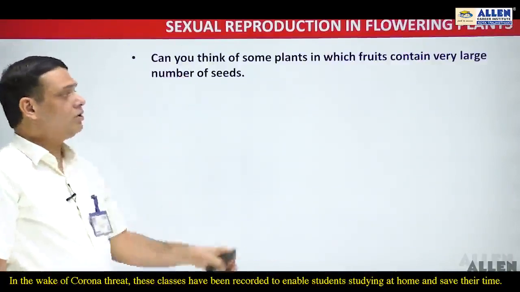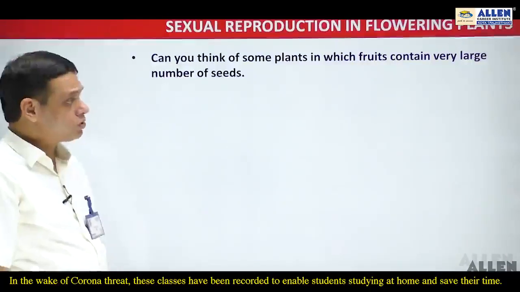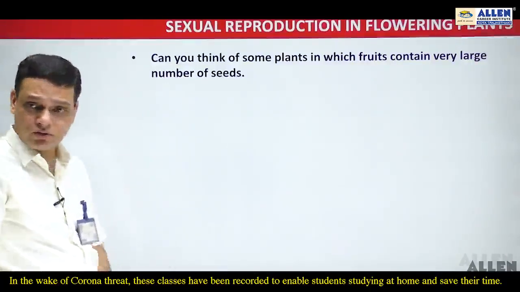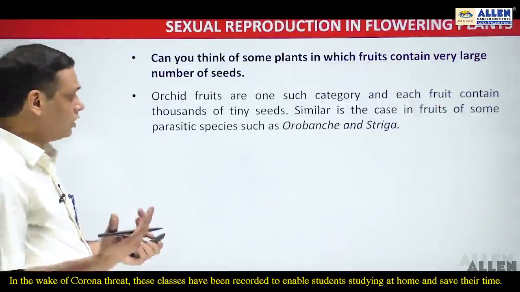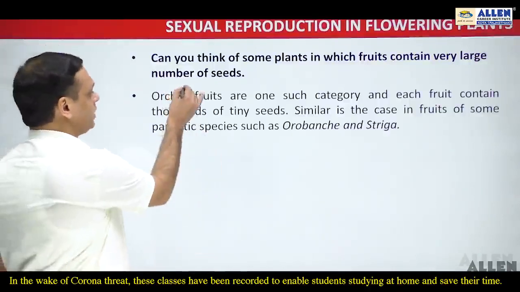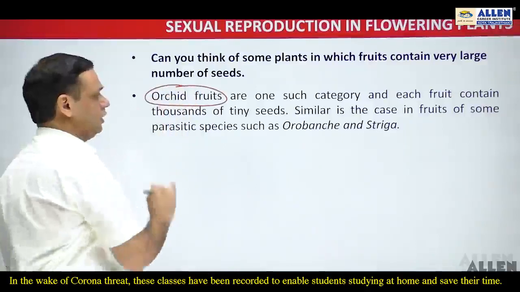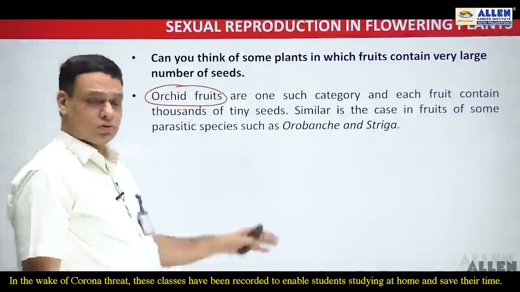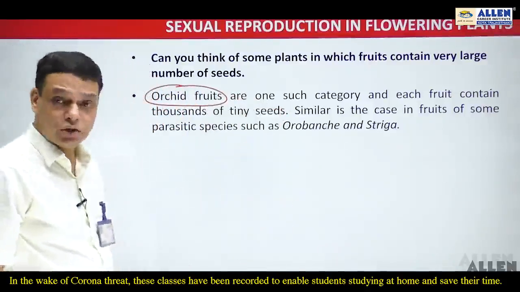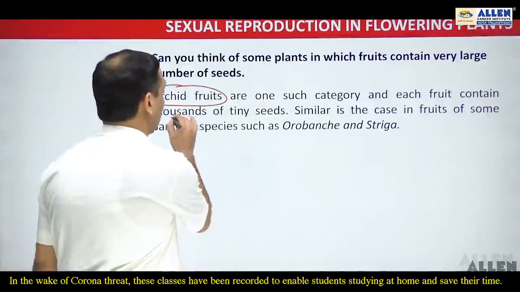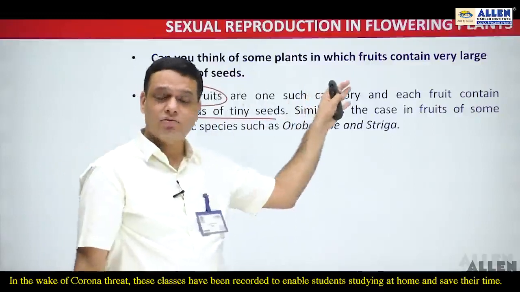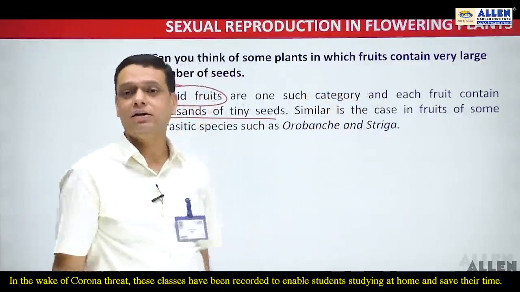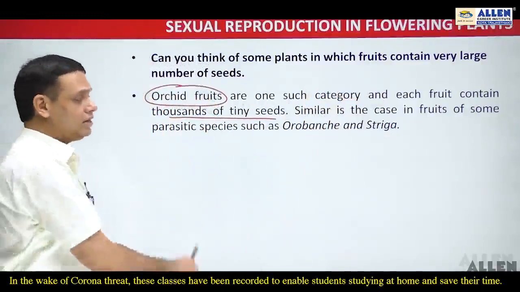Now, can you think of some plants in which the fruits contain a very large number of seeds? Yes. Then what are those examples? One example is orchid fruits. Each fruit of an orchid contains thousands of tiny seeds.